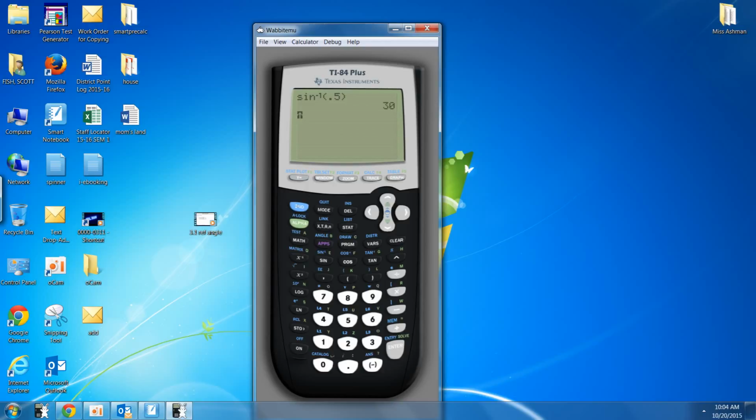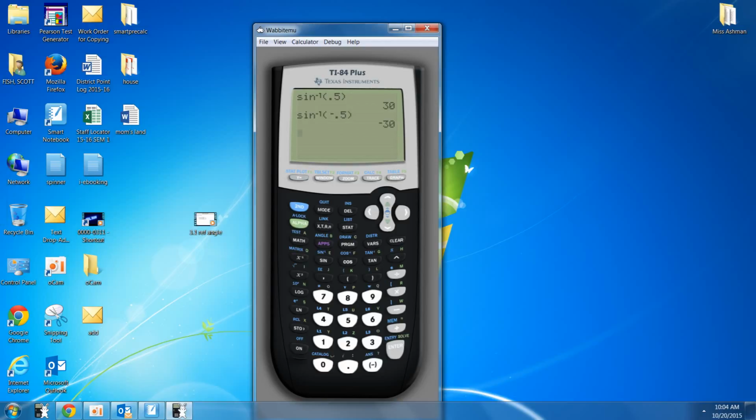However, if I do the same thing and stick a negative 0.5 in instead of a positive 0.5, I'm actually thinking about what is the angle such that the sine of the angle is equal to negative 0.5. Notice what happens here. I get a negative 30.